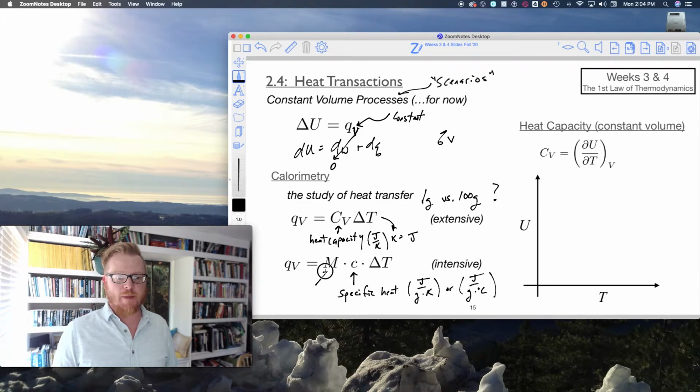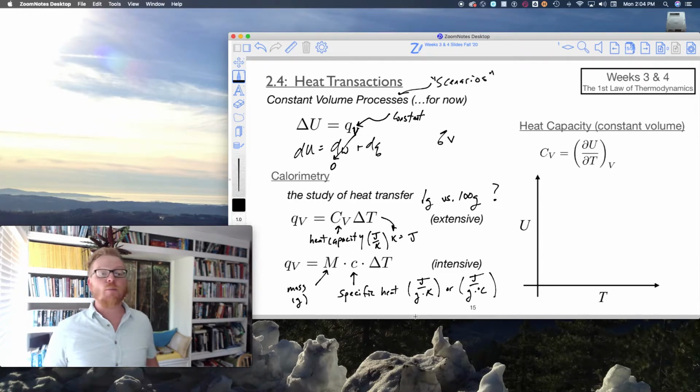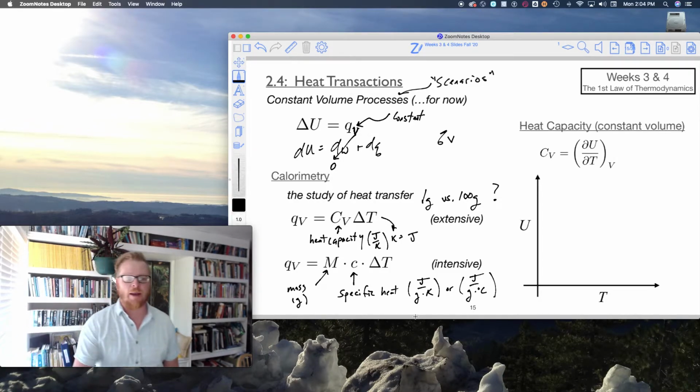And of course, this mass here, I should have written lowercase m, apologies, is the mass of material in grams. So not the molar mass, just the mass in grams. And when I multiply all those units together, that also gives me joules.